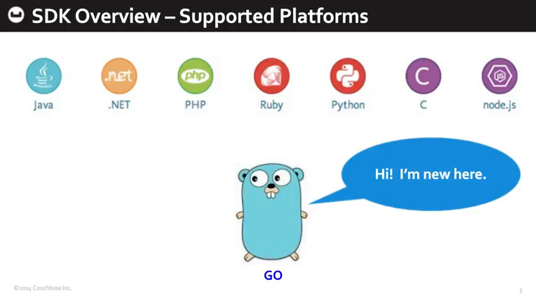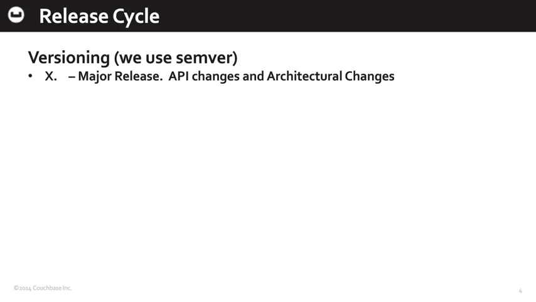I want to talk about what this means from a release cycle perspective. For each SDK, we use Semver, and in doing that, we do major releases usually once or twice a year. These are core architectural API changes within the product. After that, we have minor releases and minor updates.